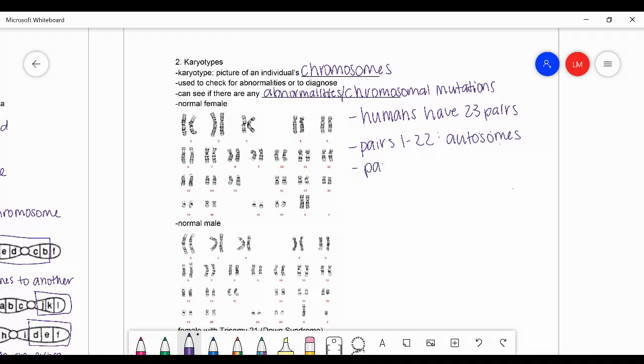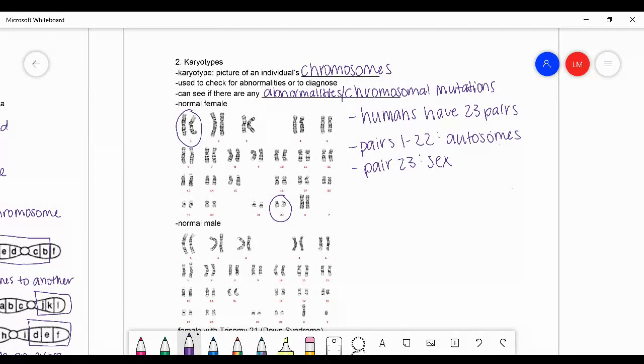And then pair 23 are the sex chromosomes. So they are in order from biggest to smallest. So if we look at the size of chromosome 1 compared to pair 22, those are going to be a lot smaller. And then so they're matched up.